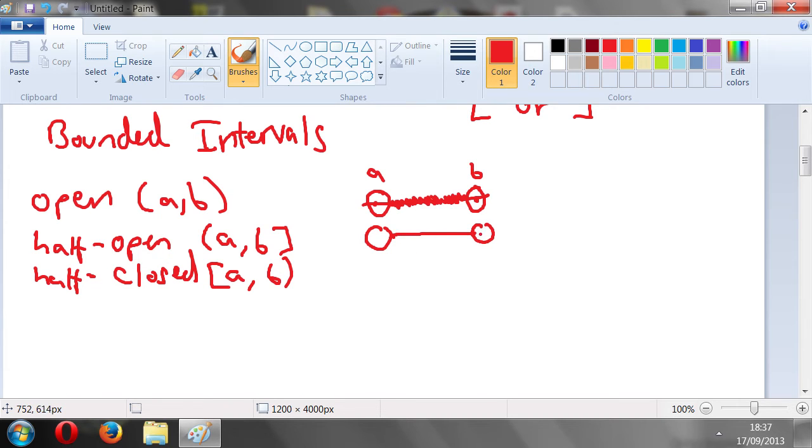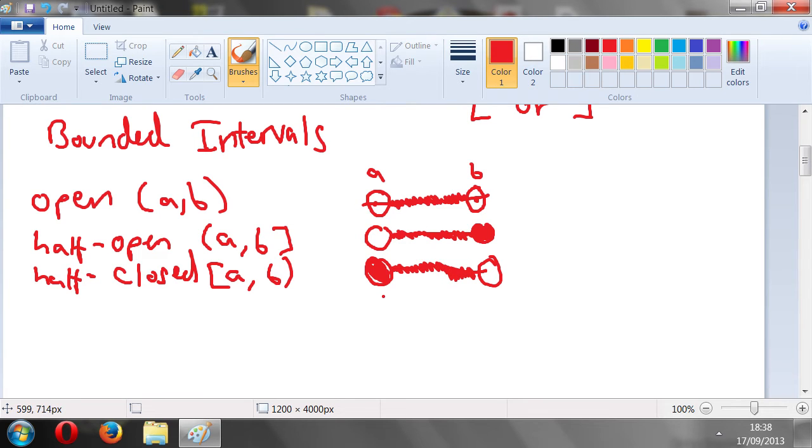And here with B, it's going to be included because it's a closed end, so it's included. And all these points are going to be used. For this one, we're going to have it like this. And this time, we've got an open end there, so the point is going to be excluded.